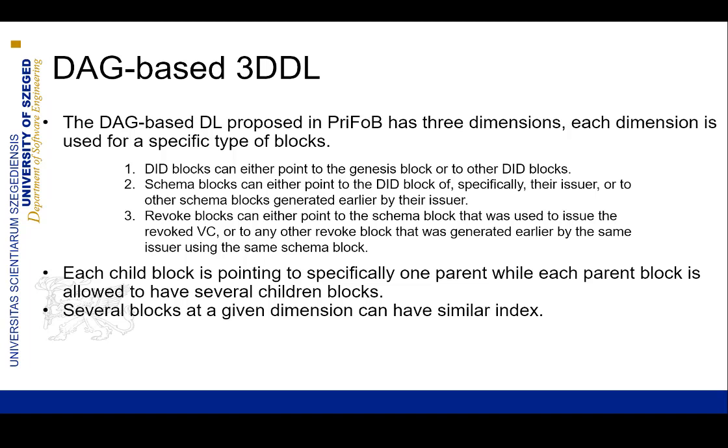Also, in this case, we don't really care about the double spending attack, because if we have the same index in the same dimension, that basically means that this issuer, for example, has several schemas or templates that were issued at the same time, and that is not a security threat.